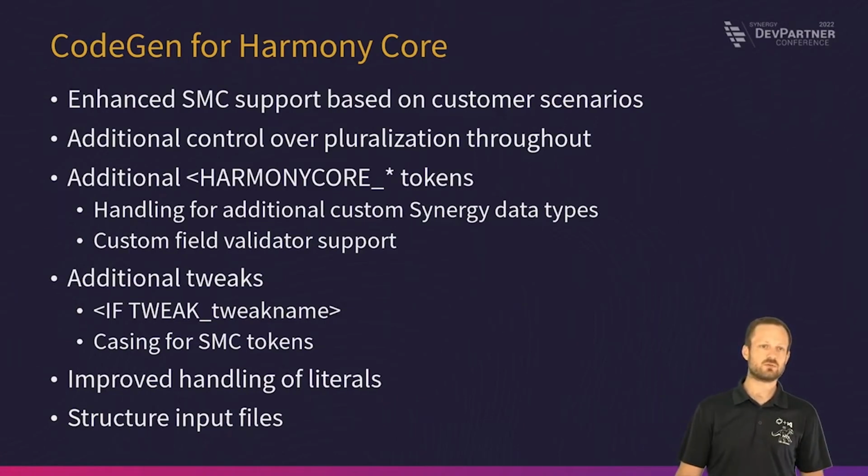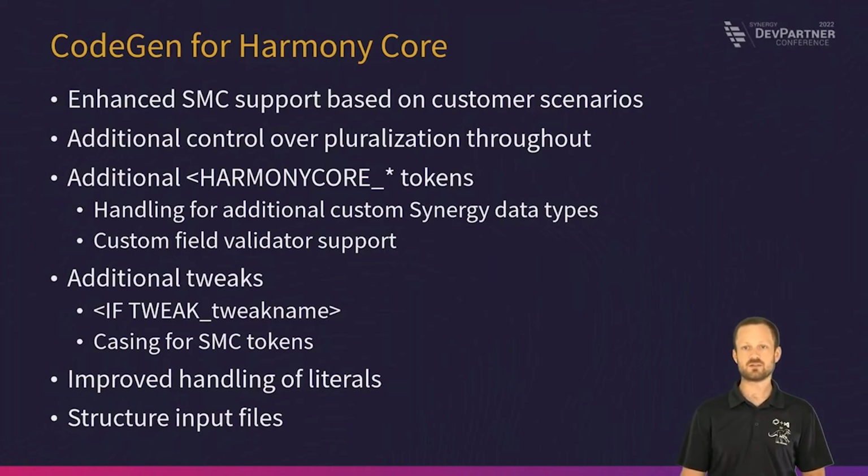For improved handling of literals, it turns out that a lot of you have either single or double quotes inside the descriptions for your repository fields. Harmony Core templates commonly use those descriptions from the repository in your generated code, usually to support things like Swagger, so that those comments come out to the client devs who are using your API.